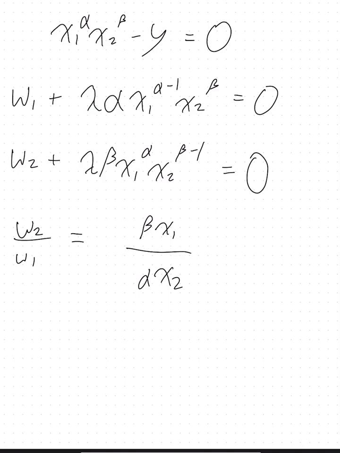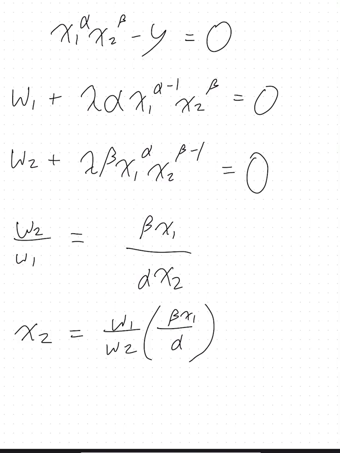So then, the way we would proceed here is by expressing x2 as a function of x1. So then we see x2, move that to this side, equals w1 over w2 times beta x1 over alpha.